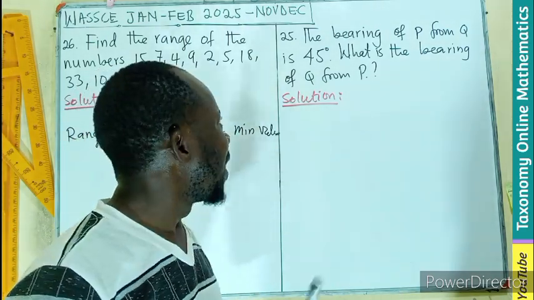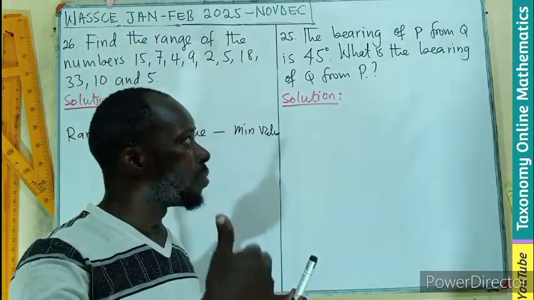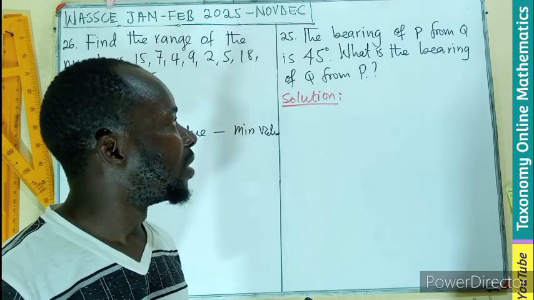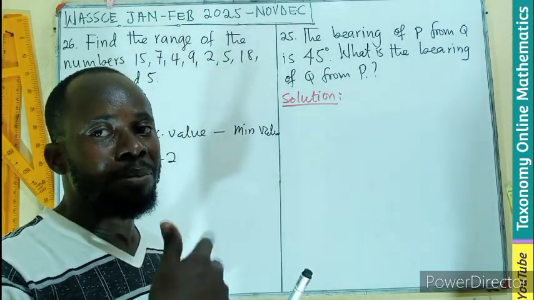That's all. Then for the second one, find the bearing of P. They say the bearing of P from Q is 45 degrees. What is the bearing of Q from P? This is what we call back bearing.